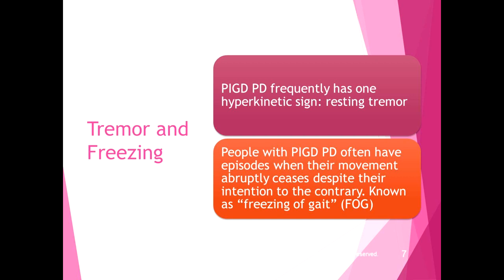Sometimes I call it the floor glue. It's like your feet are glued to the floor. You just can't break it. And it's not really known what causes freezing of gait. And there are a couple strategies that you can use to overcome freezing of gait, but it's not an easy thing to deal with.